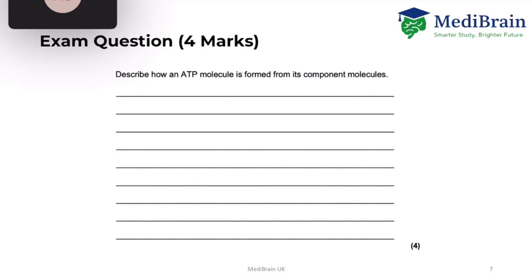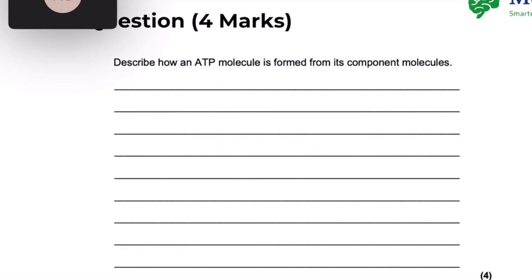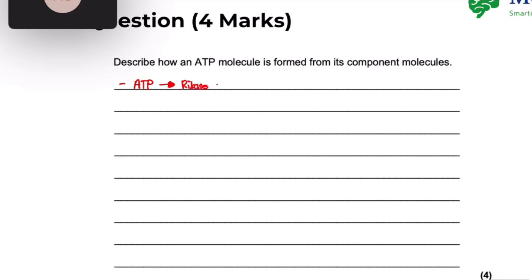Okay, so describe how an ATP molecule is formed from its component molecules. So if we start off, let's describe ATP. So ATP consists of ribose, 3 phosphate groups, and adenine. Okay, that's what ATP consists of. How is it formed?